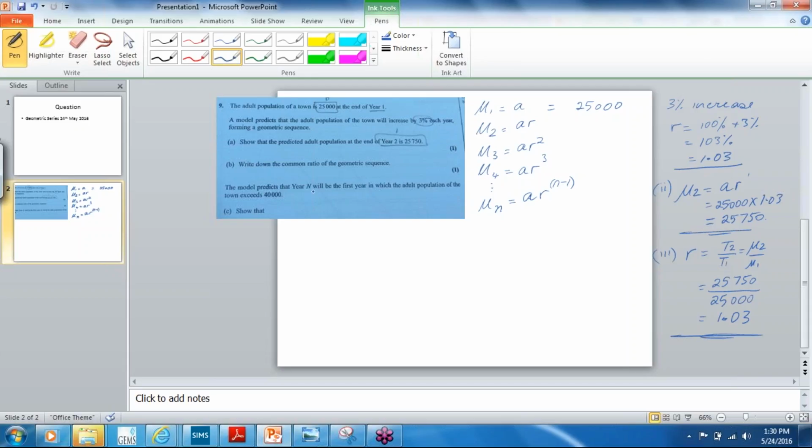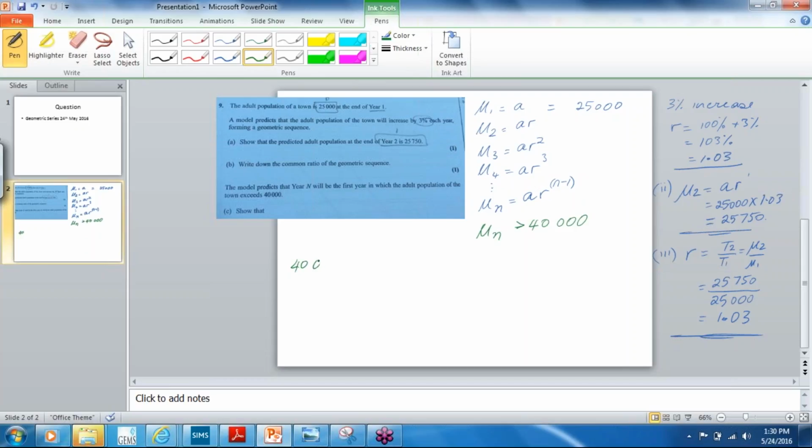Now the model predicts that year N will be the first year in which the adult population of the town exceeds 40,000. At some point in time, we don't know when, the population is greater than 40,000. So let's find what N value will make it equal to 40,000.